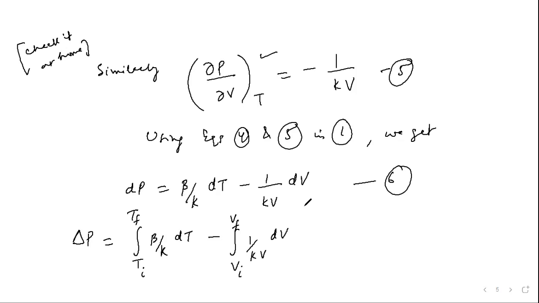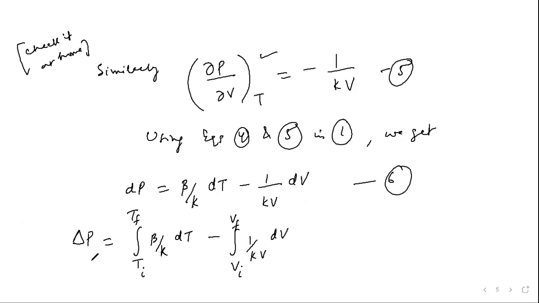We have integrated 6 to get some change in pressure if the system changes from an initial state having temperature Ti and volume Vi. For example, some gas changes from state I to F, Ti, Vi being the temperature and volume in its initial state, Tf, Vf being the temperature and volume in its final state.